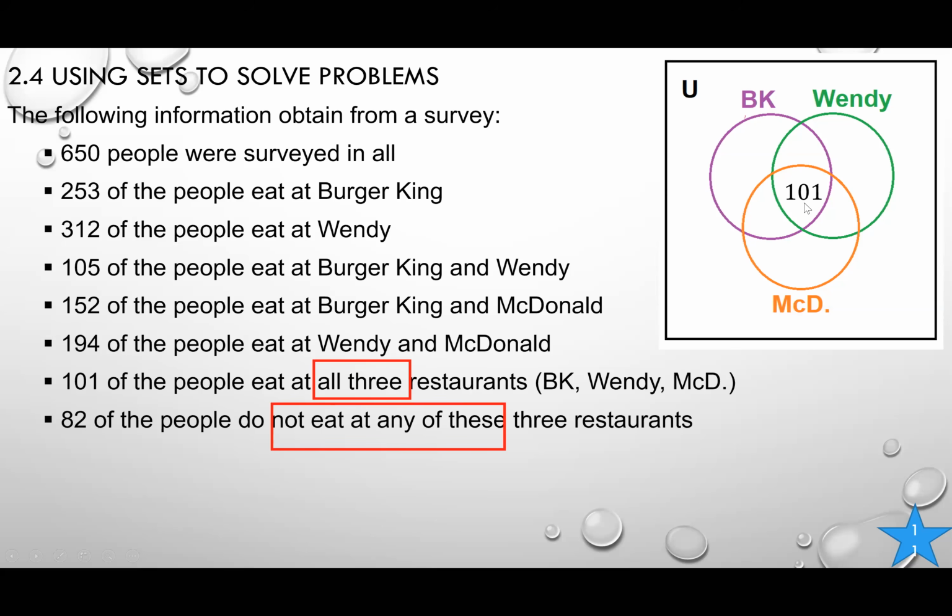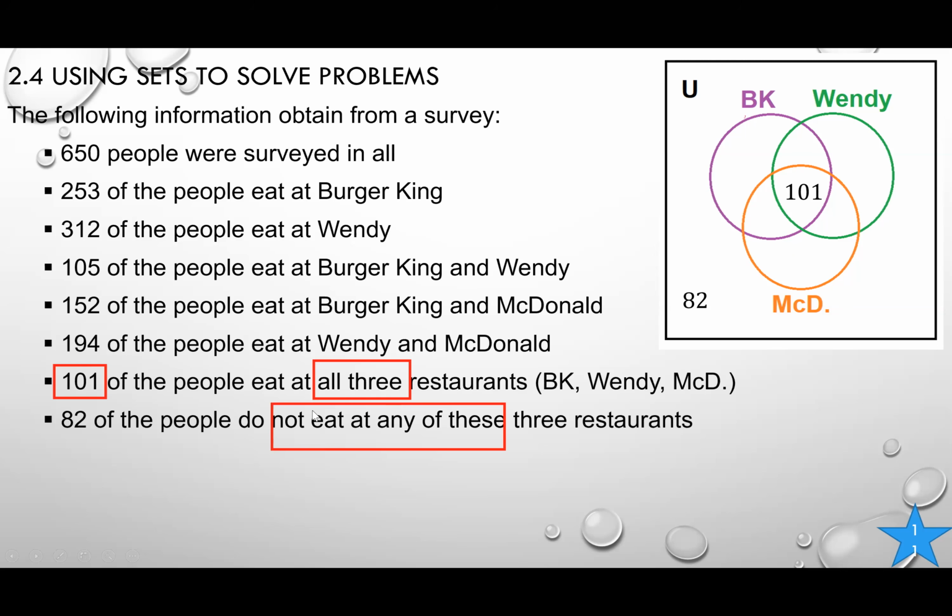The 101 people who eat at all 3 are in the middle, in the center. That's where the 101 comes from, which they give us here. And what does none mean? These people might eat at Popeyes, Raising Cane's, or Chick-fil-A, anything else, but not these 3. So do you agree that the 81 people who do not eat at any of these 3 are on the outside?